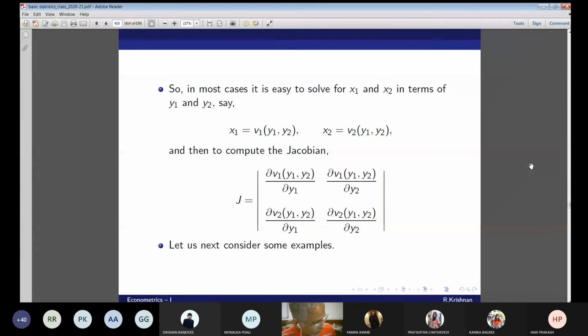And what is the support of x1, x2? 0 less than x1 less than x2 less than 1. I'll repeat: joint PDF f of x1, x2 equal to 2, the support 0 less than x1 less than x2 less than 1. The transformation is y1 equal to x1 by x2, y2 equal to x2.